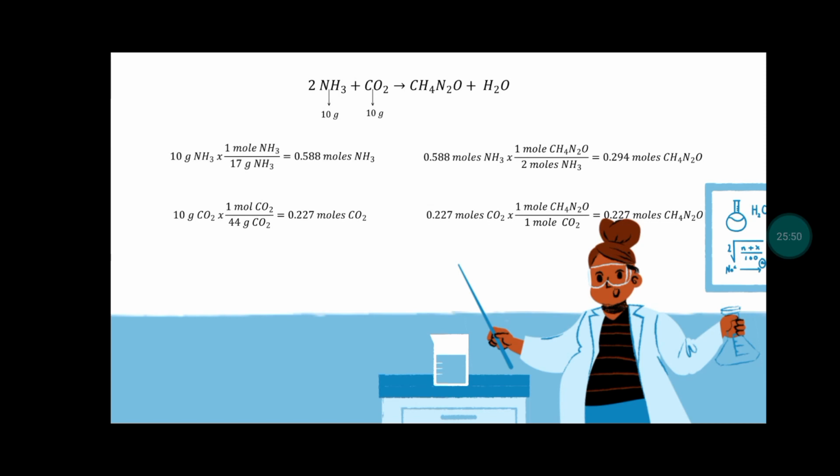So we see na yung amount ng carbon dioxide na na-calculate natin is mas maliit compared dun sa amount ng NH3 na na-calculate natin. So, meaning to say, our limiting reactant in this reaction is the carbon dioxide. Diba? Kasi the carbon dioxide can produce as much, so that must be the limiting reactant.